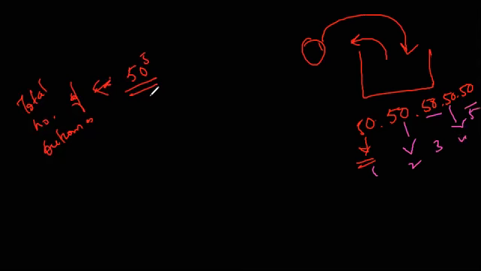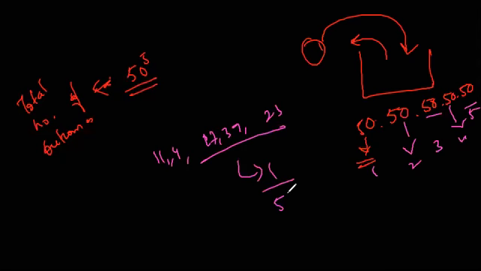So 50 power 5. Now what will be the probability of selecting the balls so that you have 11, 4, 17, 39, and 23? The probability will be 1 by 50 power 5, because this is only one event where you will have the balls in this order.